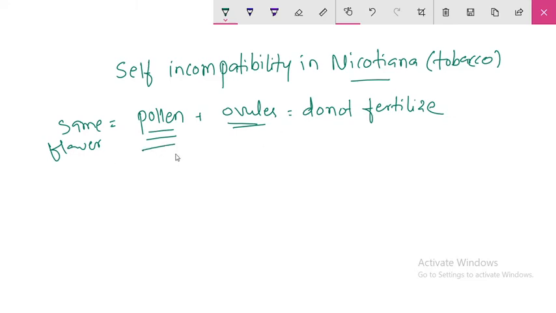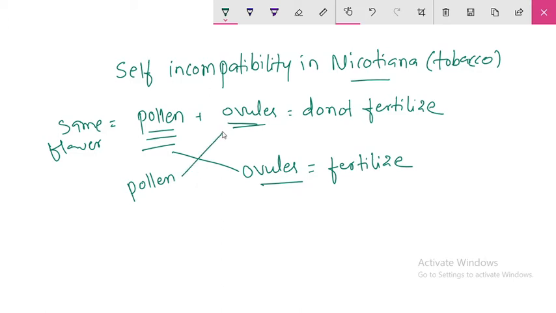When these pollens fall on the ovules of another flower, they show fertilization. Or another plant's pollen shows fertilization with another flower's ovule.